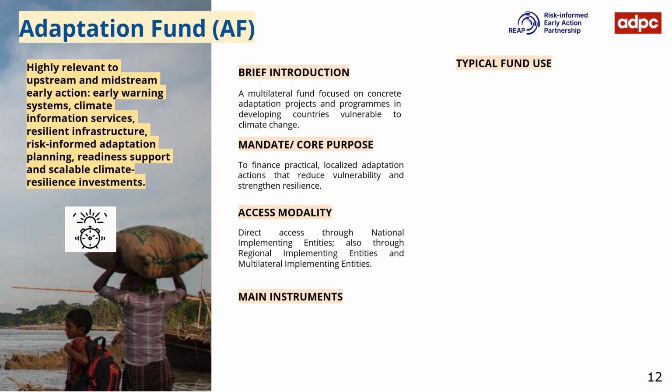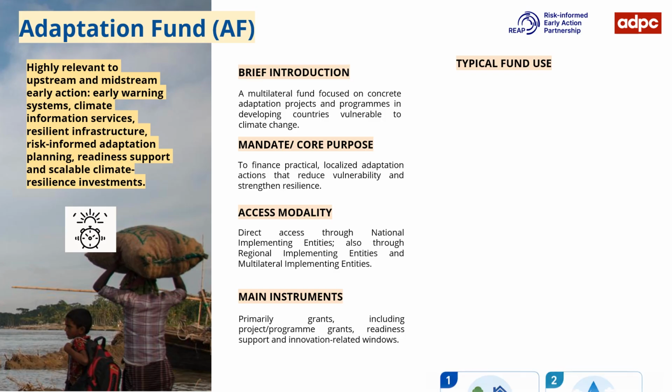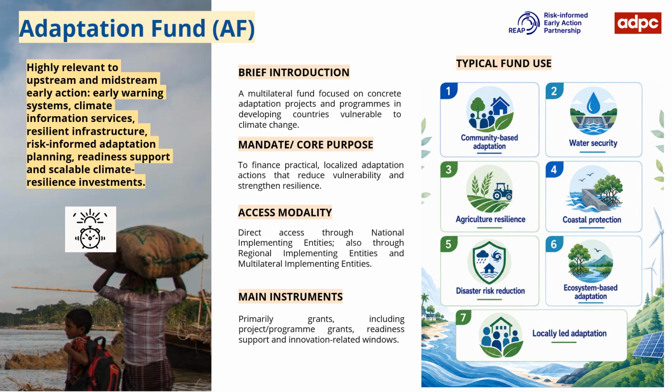A major feature of the Adaptation Fund is direct access through national implementing entities, alongside regional and multilateral implementing entities. This can strengthen national ownership and implementation capacity. For early action, the Adaptation Fund is relevant because many concrete adaptation actions, such as early warning, community preparedness, climate-resilient livelihoods, and local risk reduction, create the foundation for anticipatory and timely action.